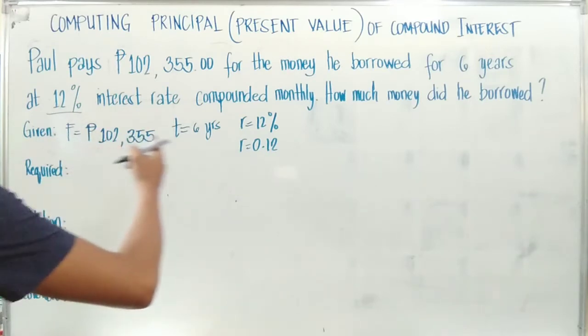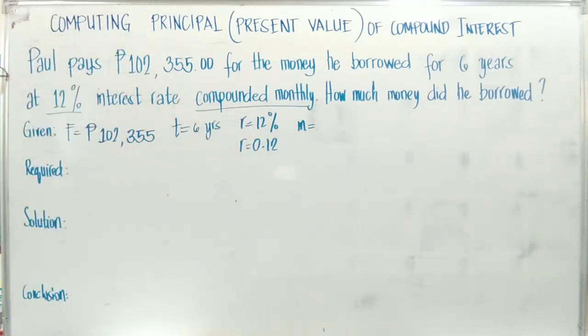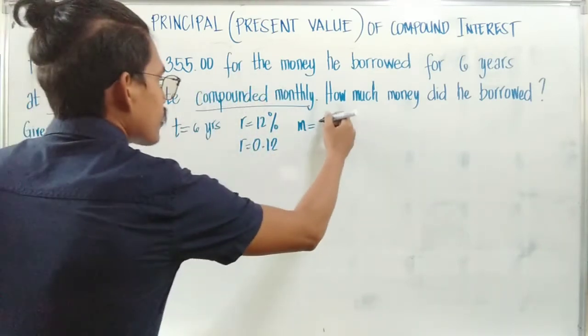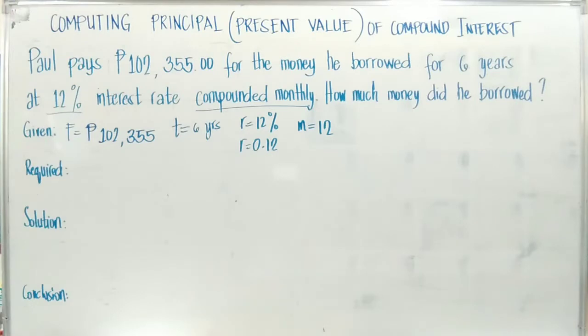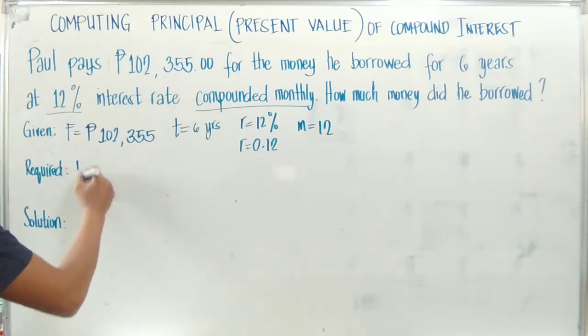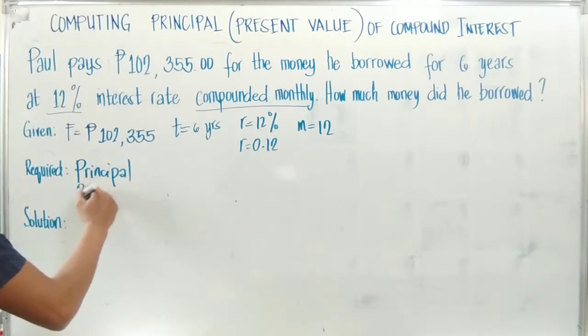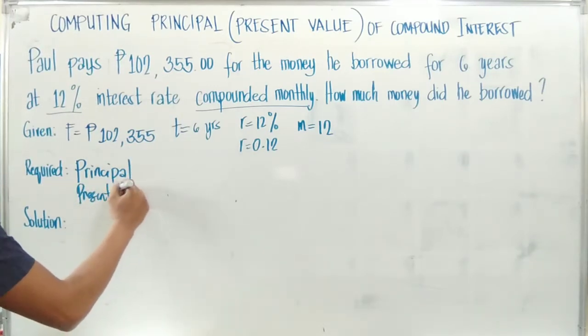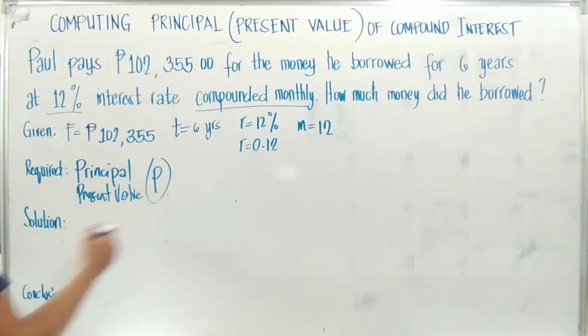Then you have M, the frequency of conversion, compounded monthly. So monthly, each year, we have 12. Then what is required is the amount of money he borrowed, that is your principal or present value, denoted by capital P.